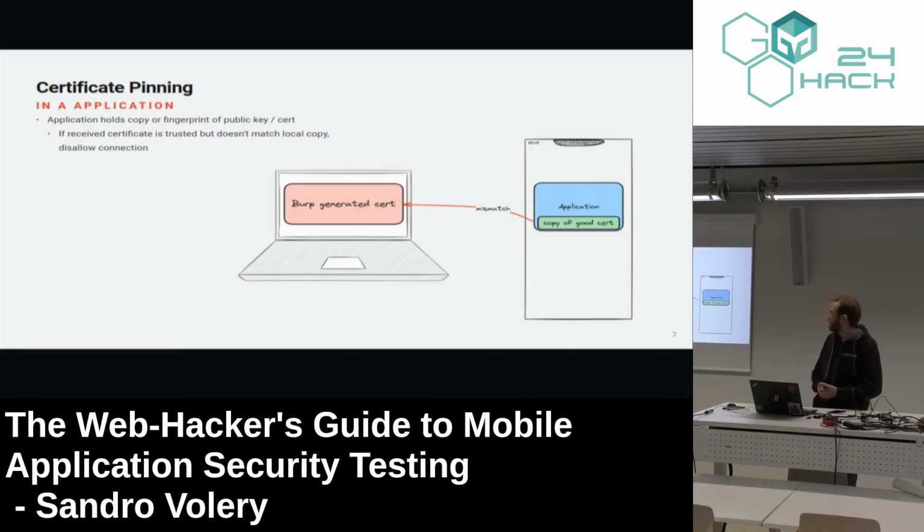This means that even if the device starts to trust a Burp certificate, for example, from Burp Suite, the application is still going to refuse this certificate because it has a copy of what it knows the certificate should actually look like. This is one of these protections, so in case an attacker manages to install his own custom certificate authority on the device of his target, the application is still going to refuse the traffic being intercepted by this attacker.